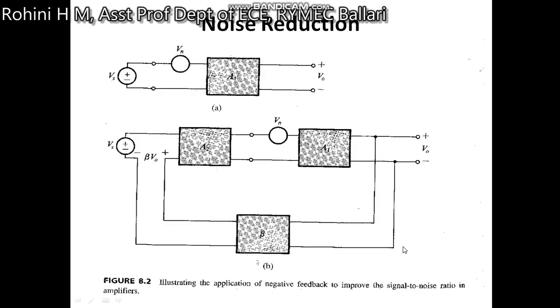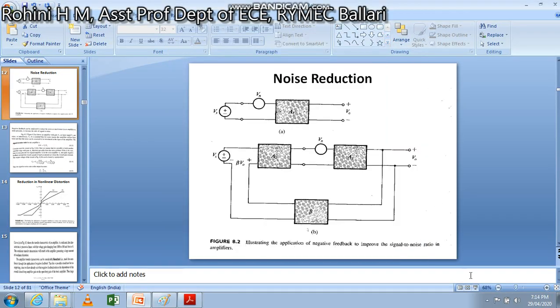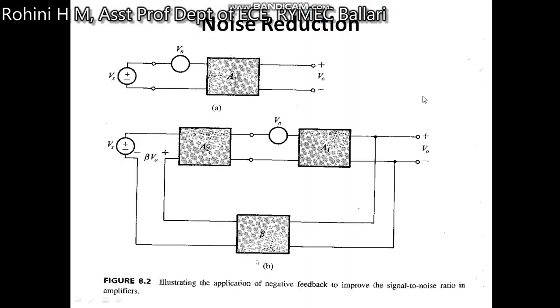Okay, next topic is noise reduction, how we are going to reduce the noise. Here we are considering the application of negative feedback to improve the signal to noise ratio in the amplifier. So consider the first circuit.